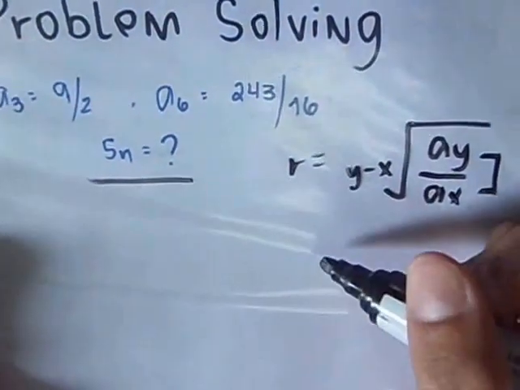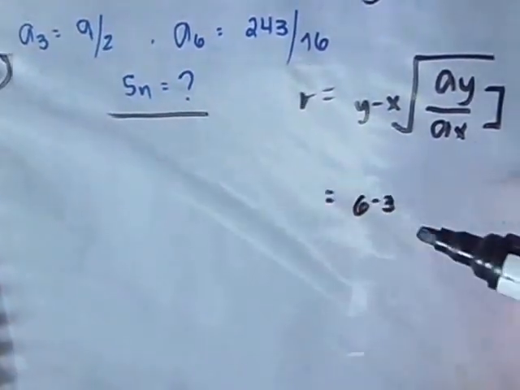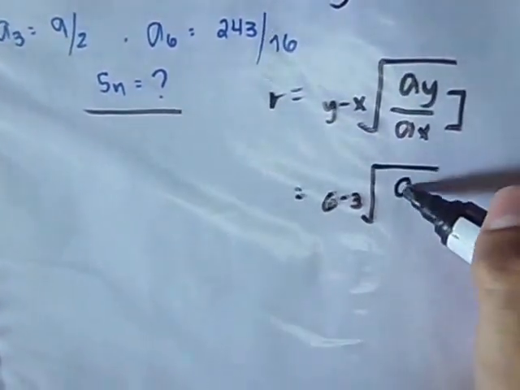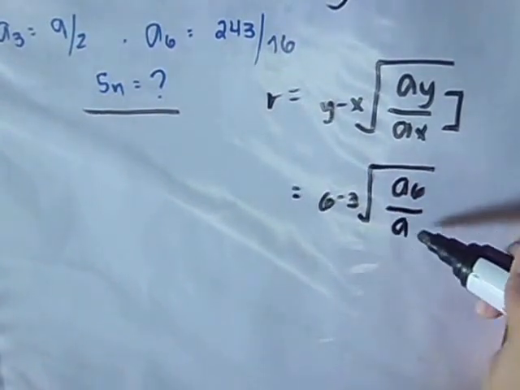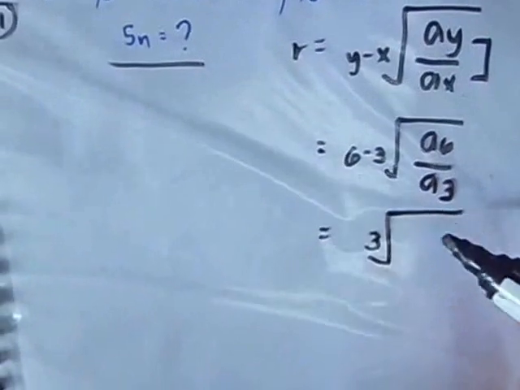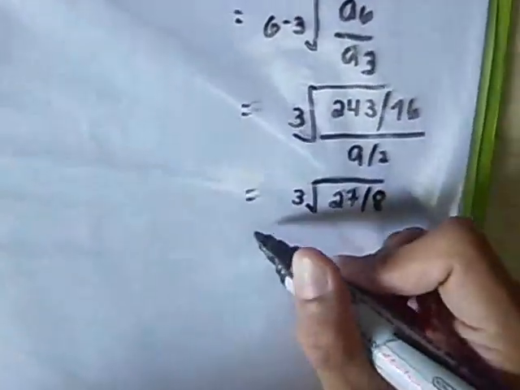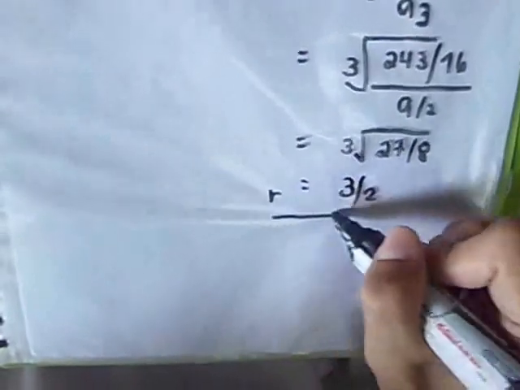So, substituting our given, we have the 6 minus 3 root of a sub 6 over a sub 3, and that is equal to the cube root of 243 over 16 all over 9/2, that is equal to the cube root of 27 over 8 equal to 3/2. So we have our common ratio 3/2.